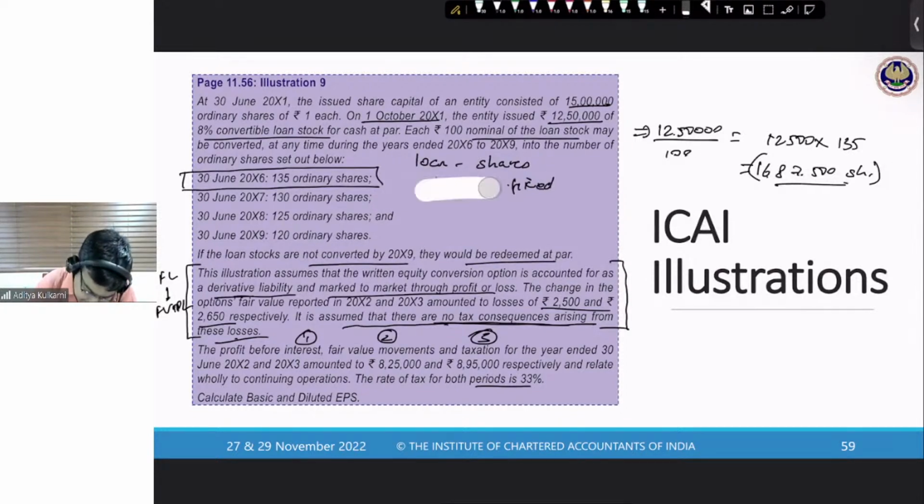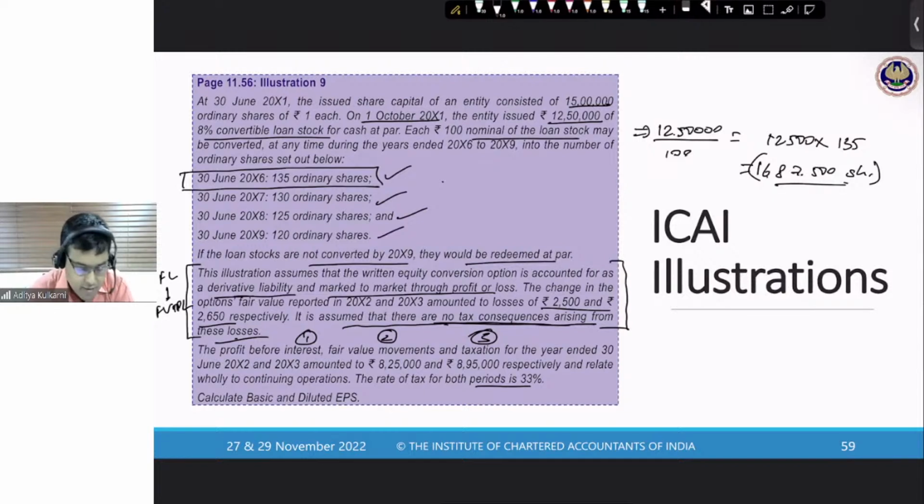But in this case, the conversion ratios are different, and they vary on account of time. The ratios vary from year to year. That is why in this case it is regarded as a financial liability.